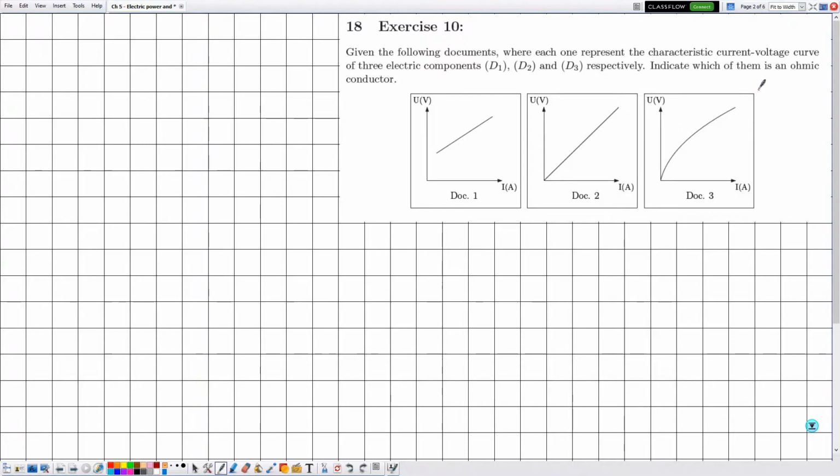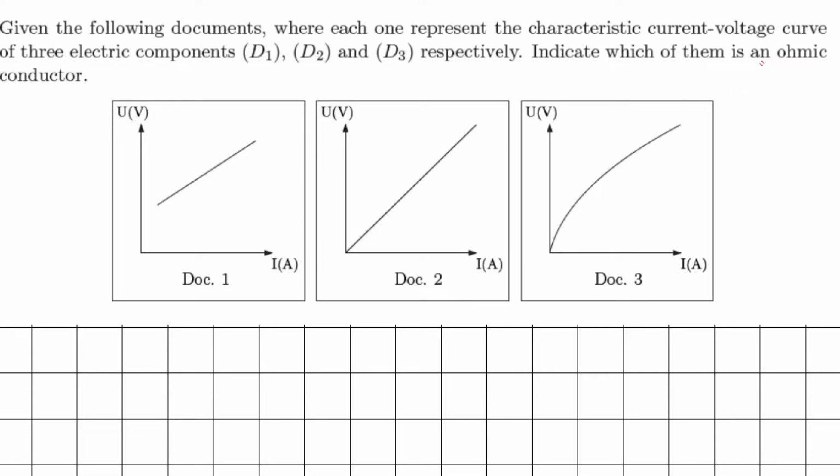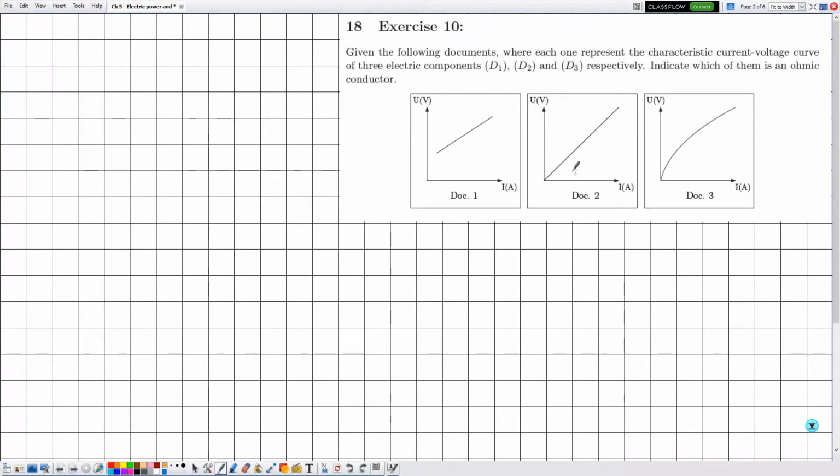Indicate which of them is an ohmic conductor. For an ohmic conductor, the shape of the curve is a straight line passing through the origin. Notice that this is a straight line, but its prolongation is not passing through the origin. This is a straight line passing through the origin, and this is not a straight line. So document 1 is an ohmic conductor.